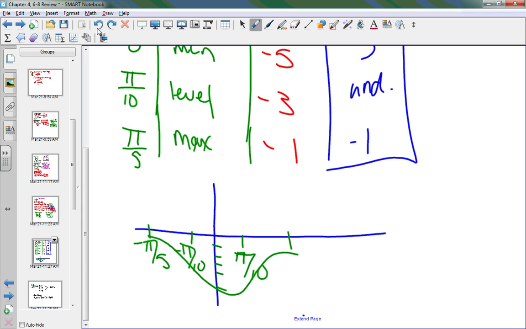Right, so there's my graph. However, I'm going to have an asymptote here and here. And what I actually have is the one-arm bandit, that, and then the one-arm bandit. The red is what I'm looking for.